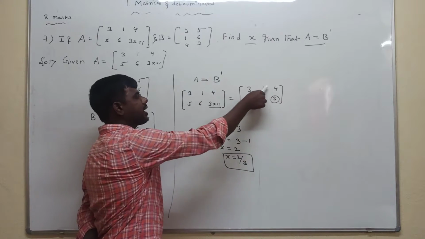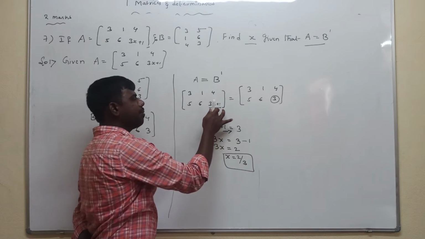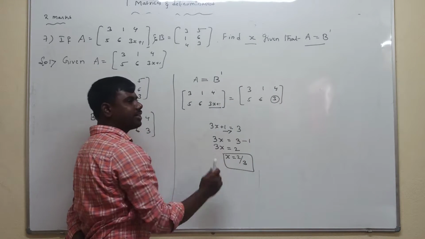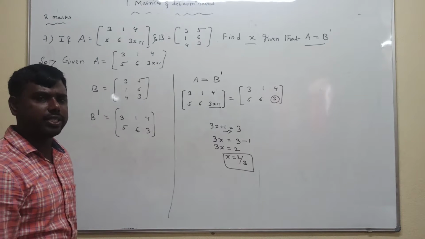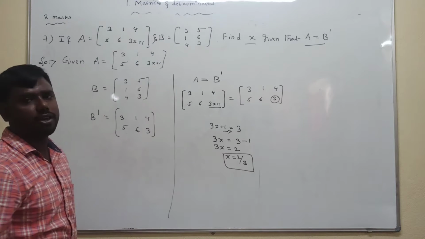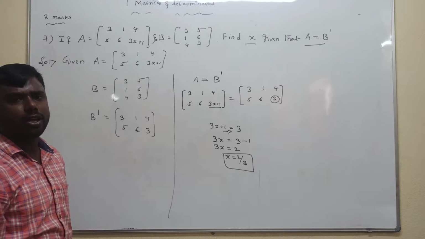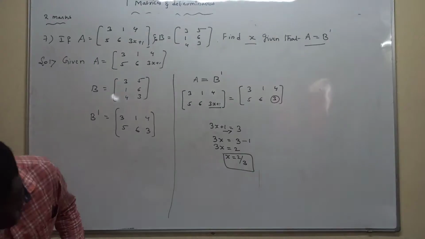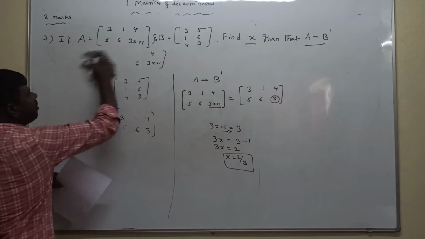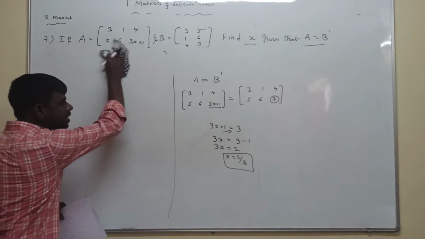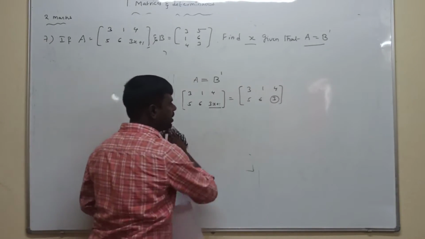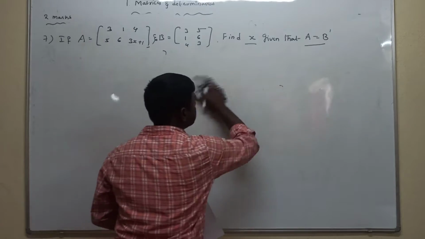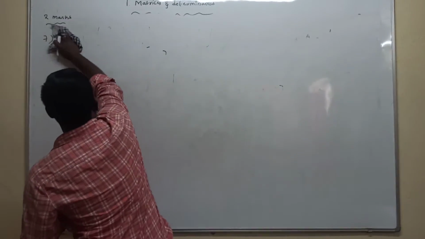This element is equal to this one, and finally we get the x value. This is required for the 7th answer. Everyone understood? Next, we are going to the 8th problem. Very easy, I am explaining each step by step, so everyone easily understands this.